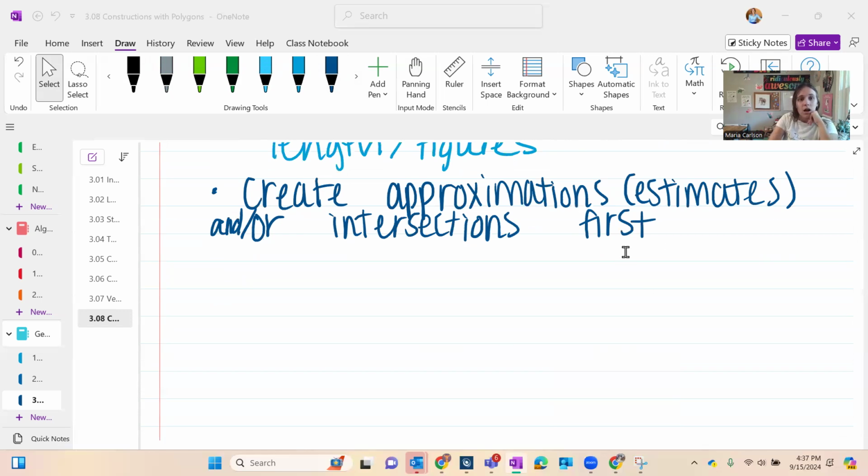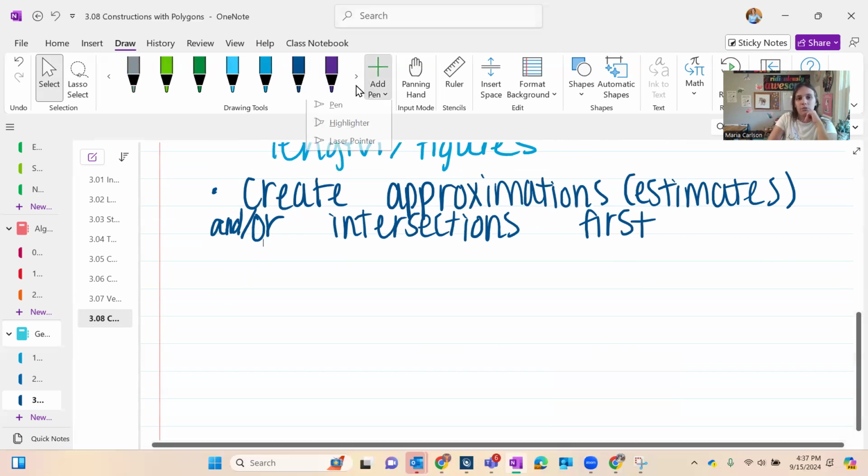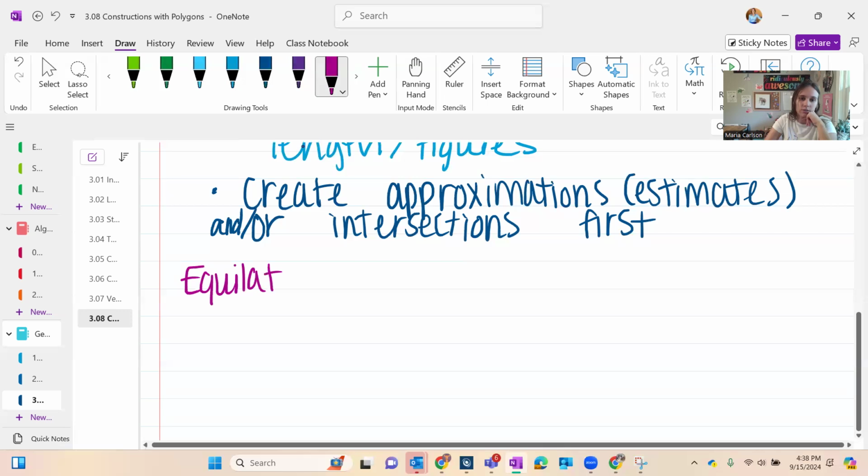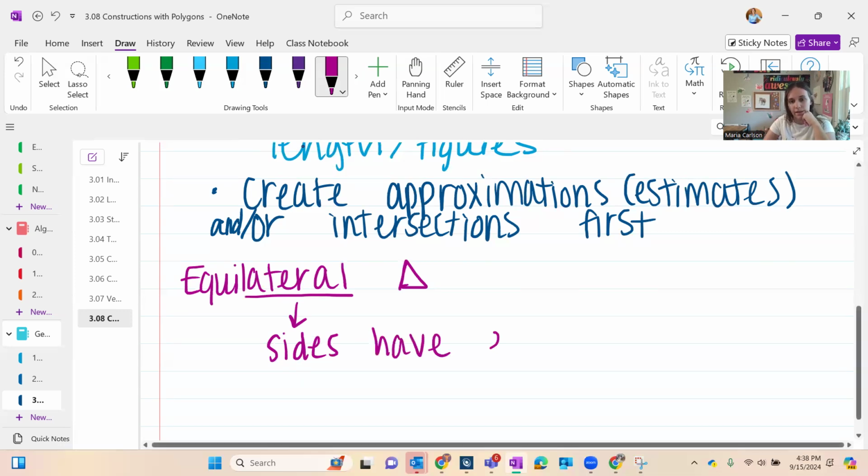We'll see. First things first, I want to talk about an equilateral triangle. What is an equilateral triangle? Remember that with equilateral triangles, or any equilateral polygon, all sides are equal length.